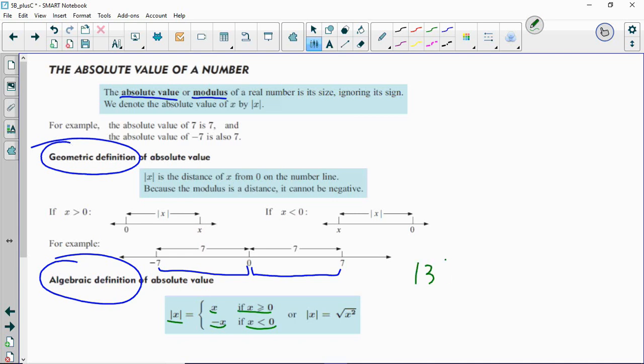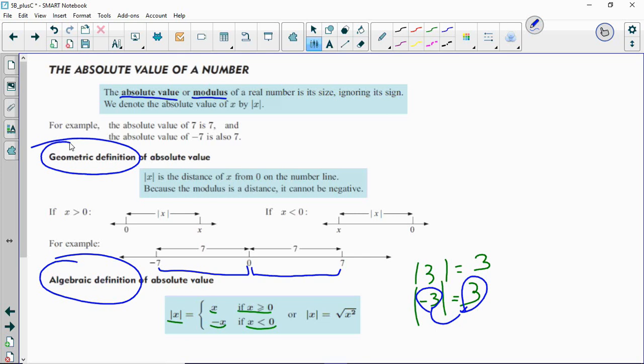The absolute value of 3 is equal to exactly 3, and that checks out because 3 is bigger than 0. Whereas the absolute value of -3 is still equal to 3, but isn't this the opposite of -3? Yes, it is, and the number inside the absolute value in this case was less than 0.